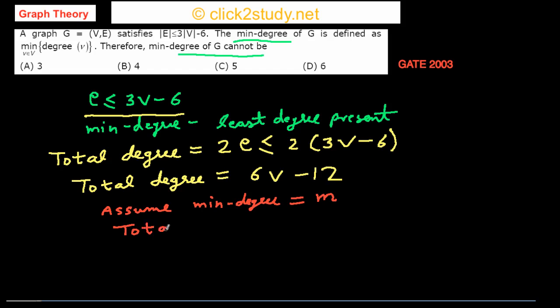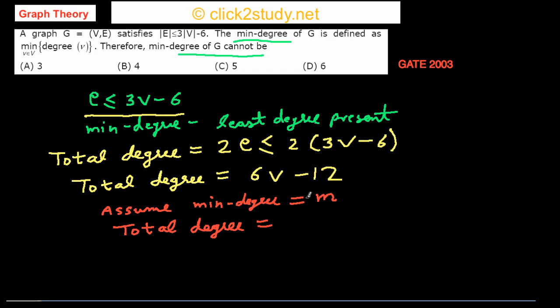Total degree is the sum of the degrees of all vertices. You have many vertices, and the vertex that has the least degree has a degree of M. That means every other vertex in that graph will have a degree at least M, because the least is M.